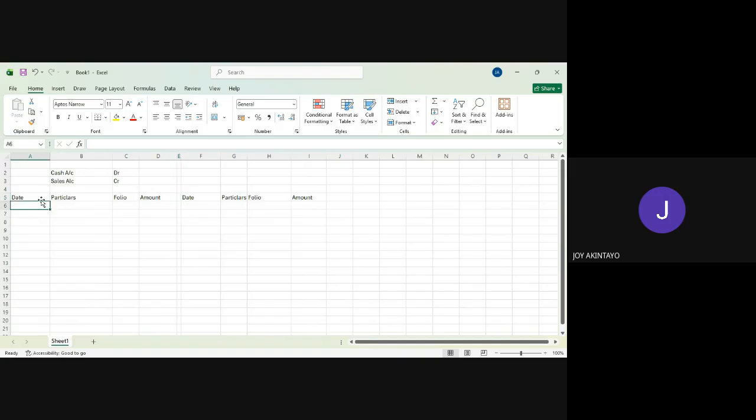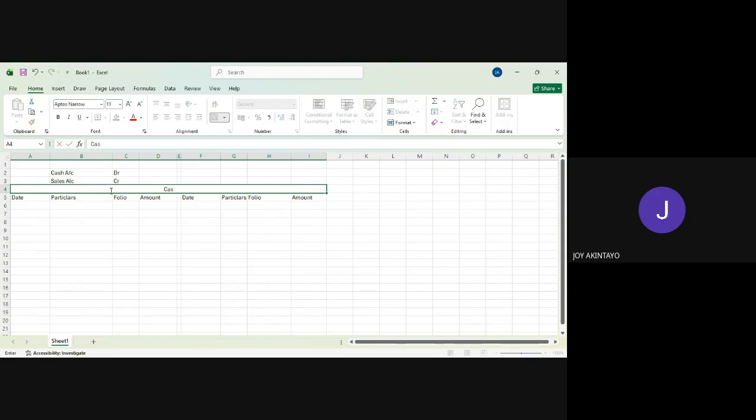So let's make this our cash account. So this is our cash account. Are we together?